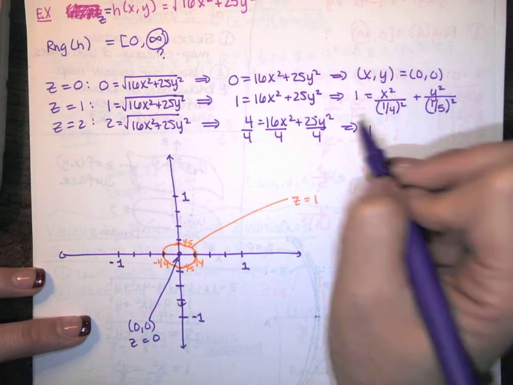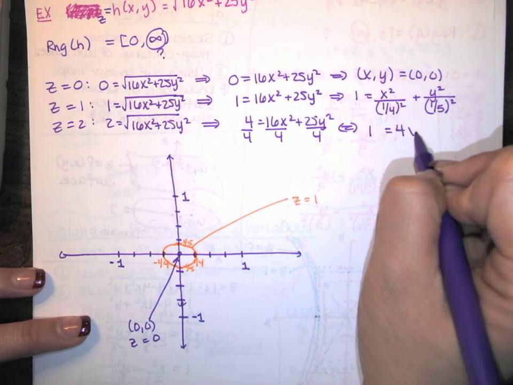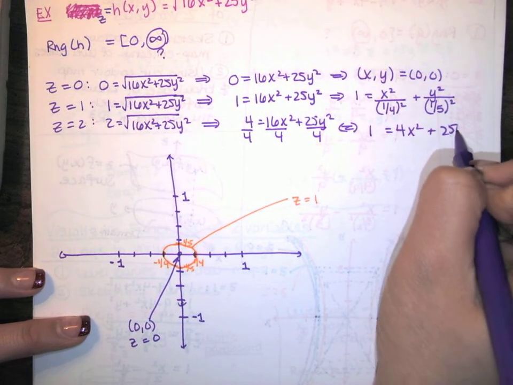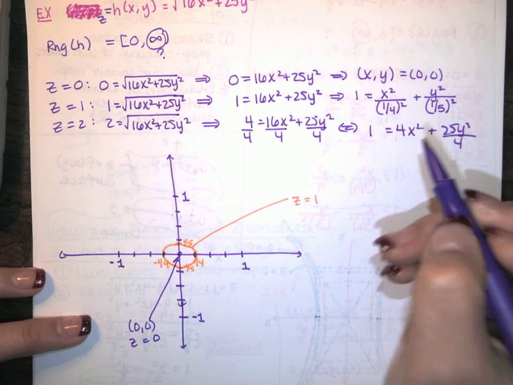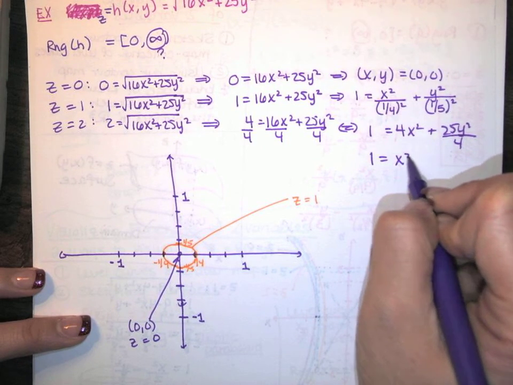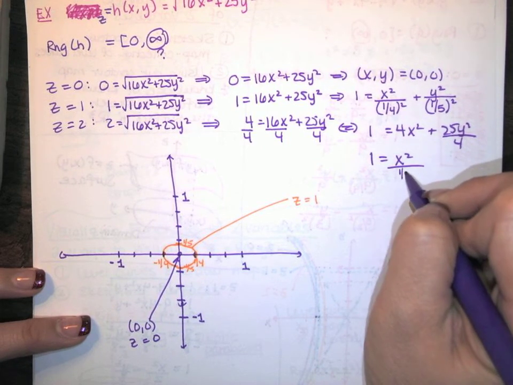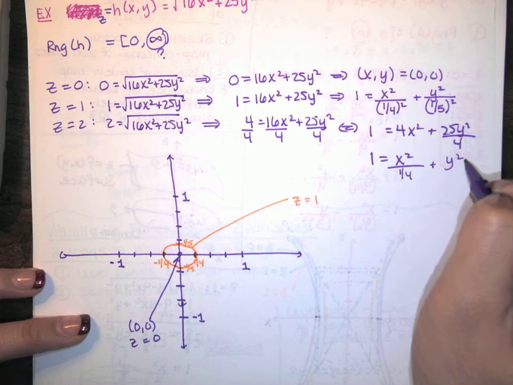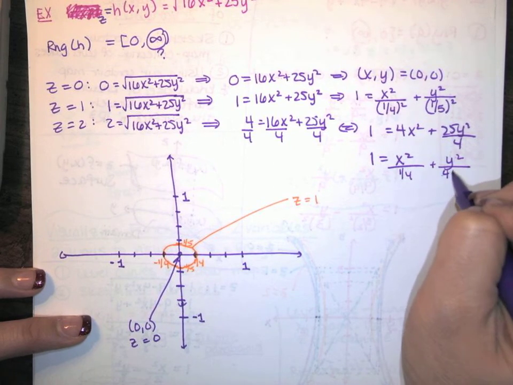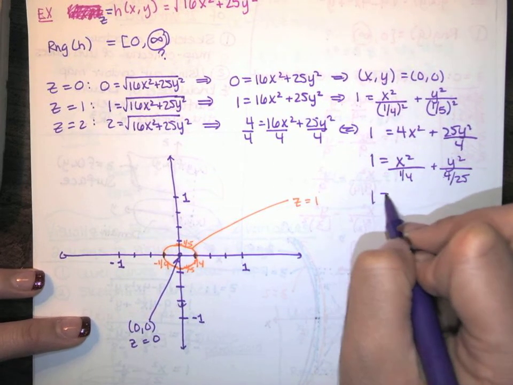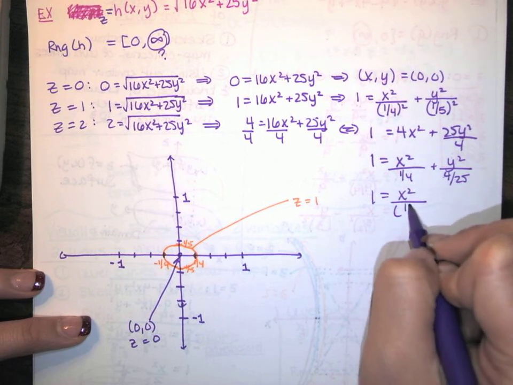So you have 1 equals 4x squared plus 25y squared over 4. And I can rewrite that. Multiplying by 4 is dividing by 1/4. Multiplying by 25 over 4 is dividing by 4 over 25. So let's see what happens now.